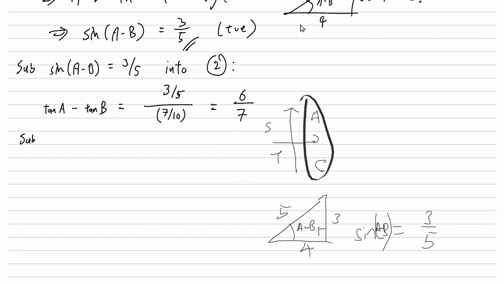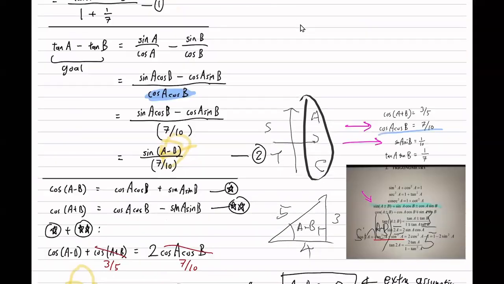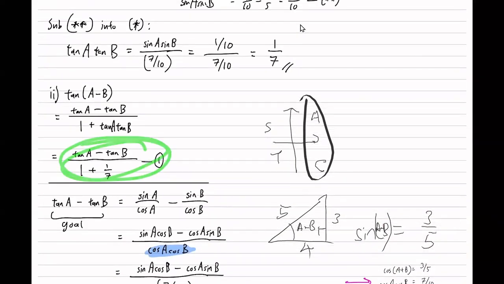Oh, now we have to substitute tangent A minus tangent B equals 6/7 into equation 1. What's equation 1? The original question. Remember this one? Okay, then after that, we just copy down.